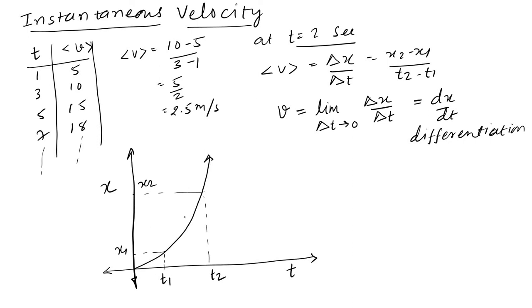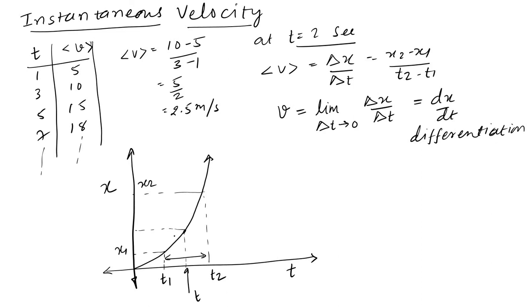Right? So when I want to find out the velocity at this instant, say t, I know the average velocity formula, but how can I find the instantaneous velocity? So I have to narrow down this time interval.